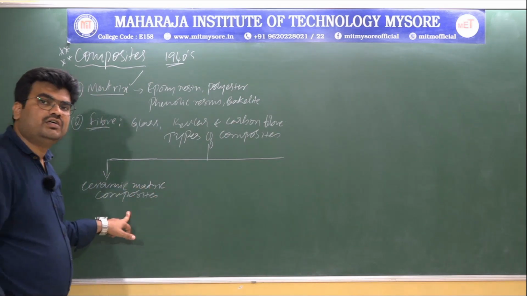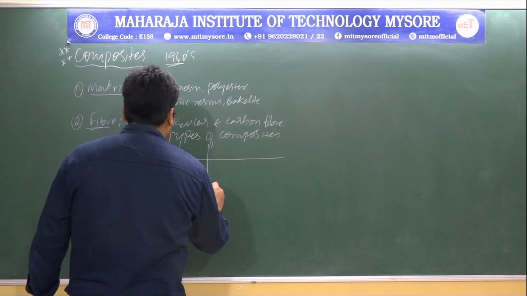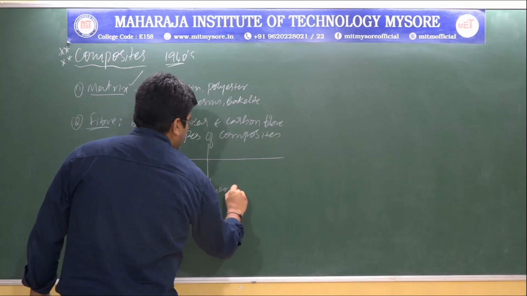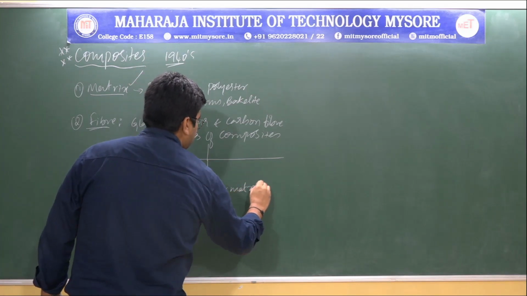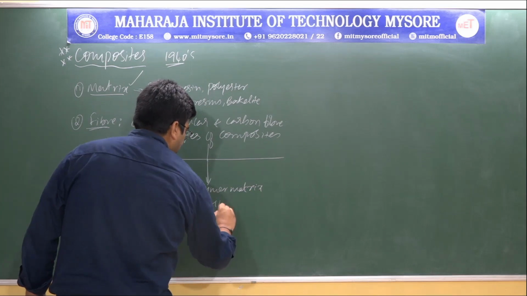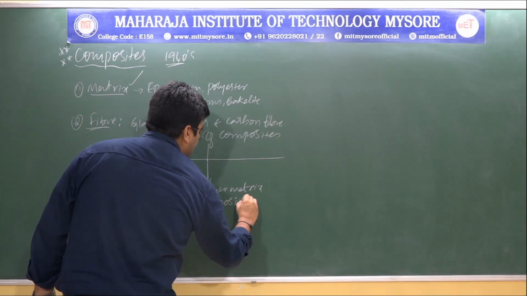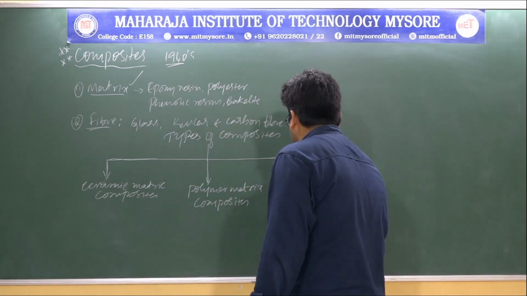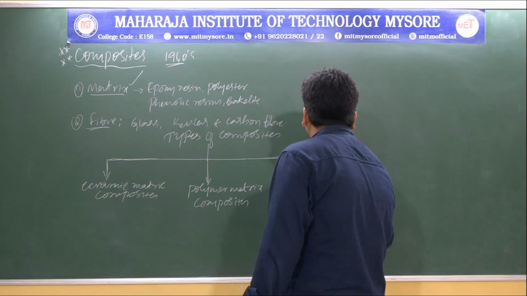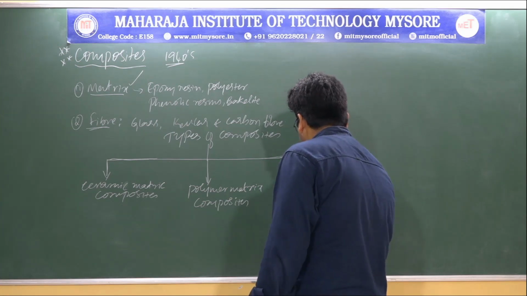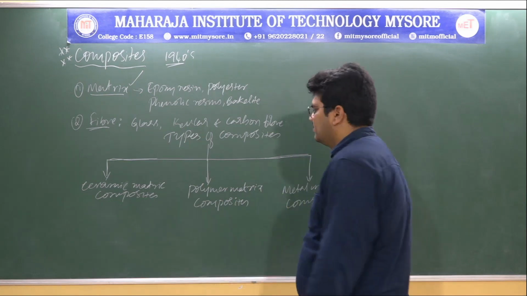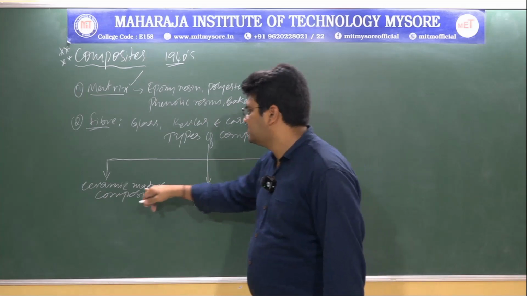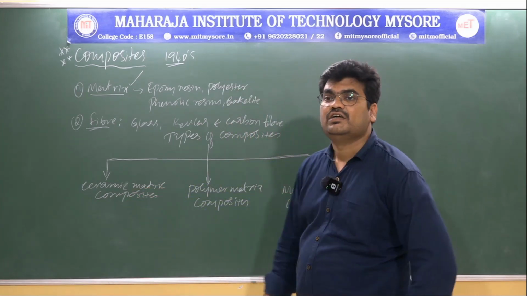The second one is polymer matrix composites. And the third type is metal matrix composites. Remember, right? Polymer matrix composites, ceramic matrix composites, and metal matrix composites.